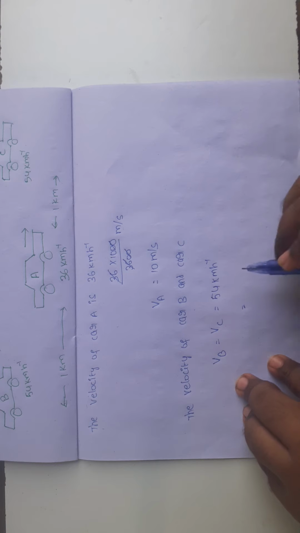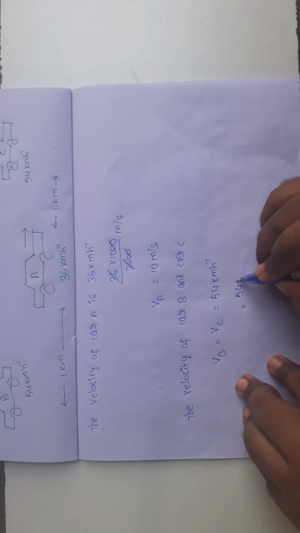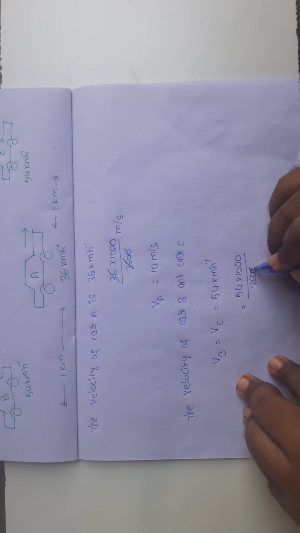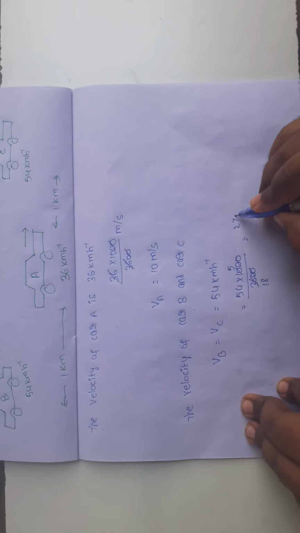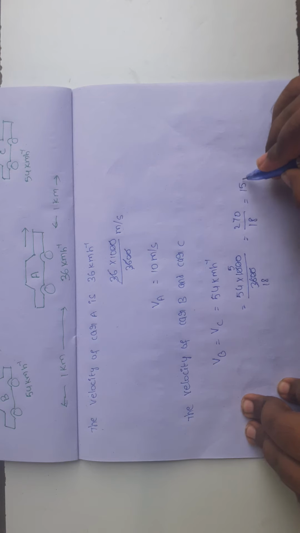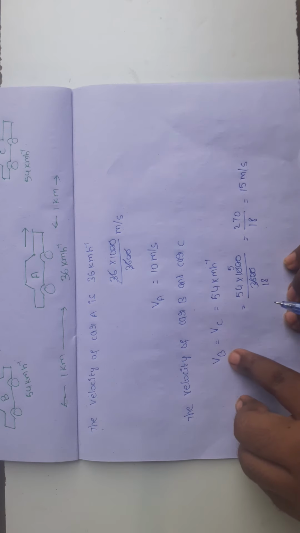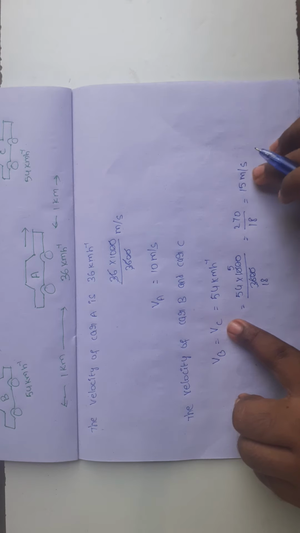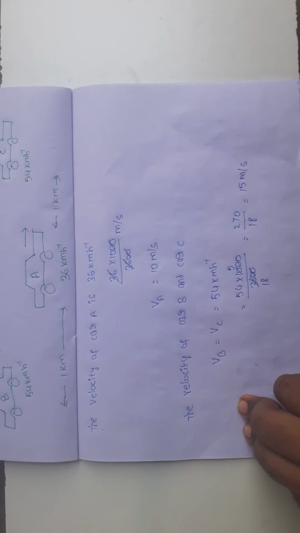Converting into meter per second, 54 into 1000 by 3600. Two zeros get cancelled. 2 fives are 10, 2 nines are 18. So on the numerator 270 by 18 gives 15 meter per second. So velocity of car B and velocity of car C equal 15 meter per second.